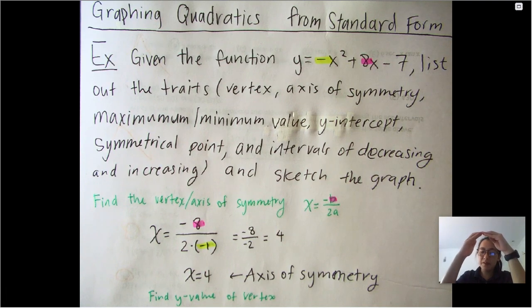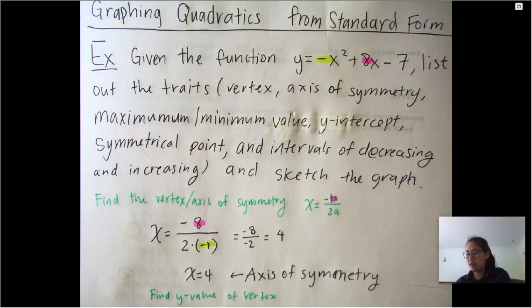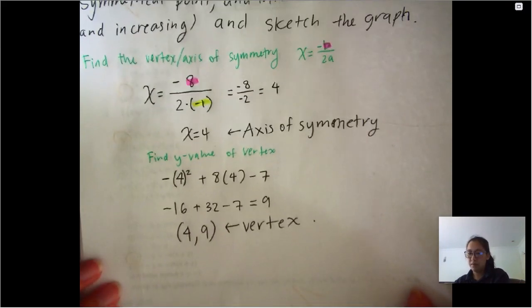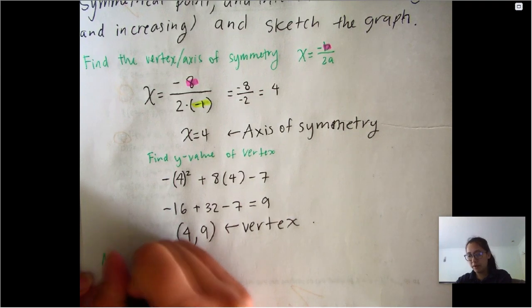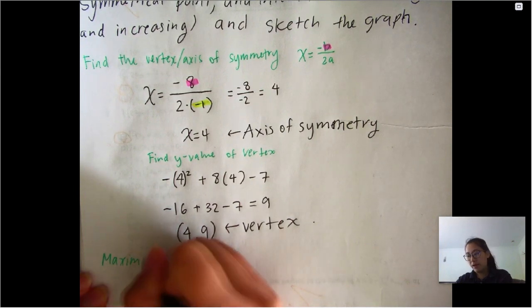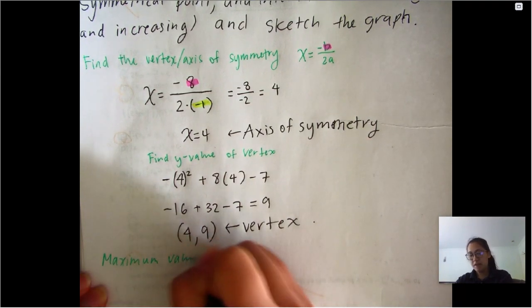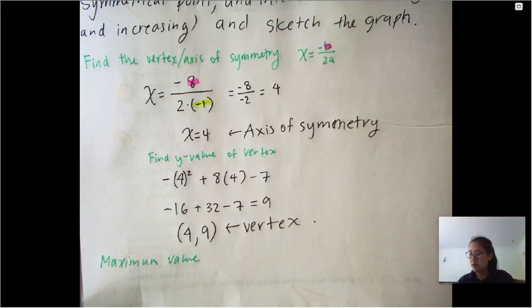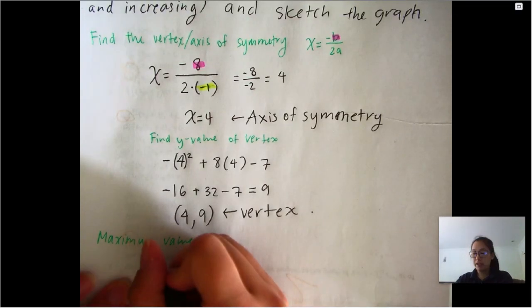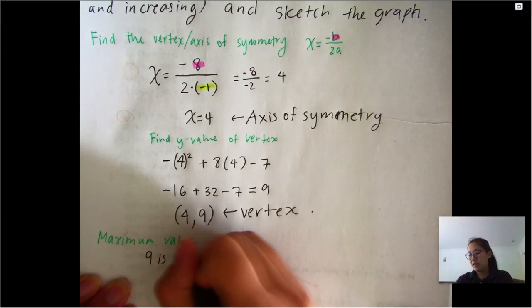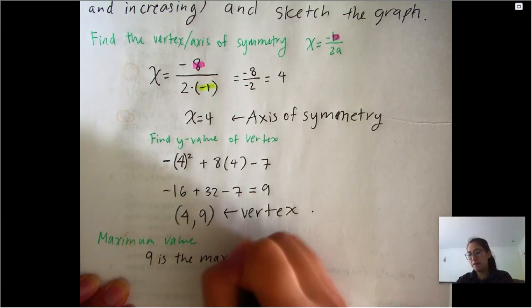Well, we've talked about this before. If the vertex is at the top of the parabola, that's a maximum. And so to find the maximum or minimum, you determine whether it's a maximum value, and we use the y value of the vertex. So 9 is the maximum value.